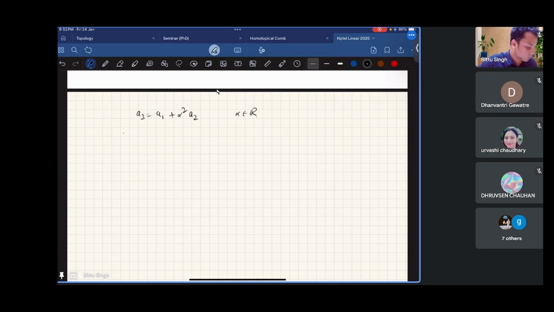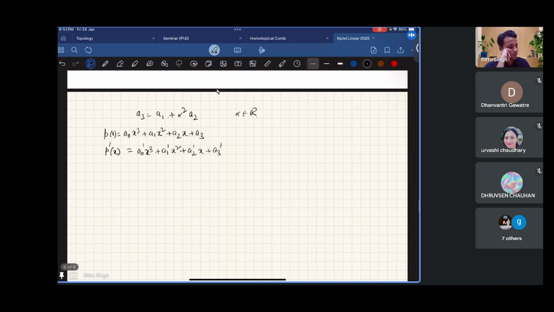So A0 x cube, A1 x square, A2 x plus A3. Suppose this is P of x, and similarly P dash of x. This is A0 dash x cube plus A1 dash x square plus A2 dash x plus A3 dash, such that those conditions are holding.